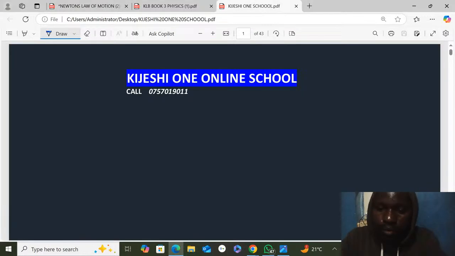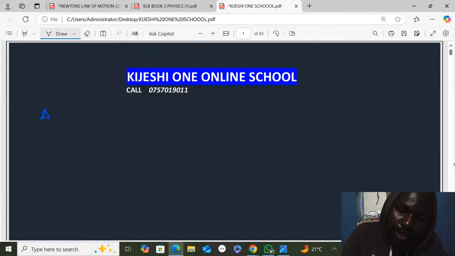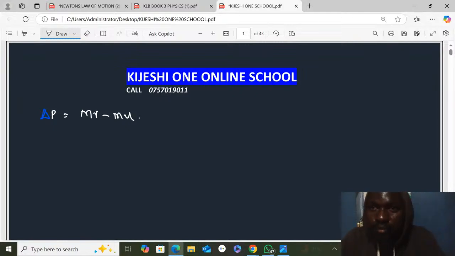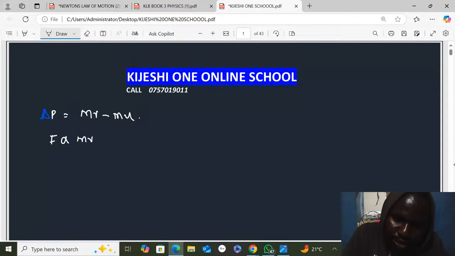Therefore, we can say change in momentum is given by mv minus mu, like that. But now we are saying that force is directly proportional to the rate of change. So I can say mv minus mu over t, like this.